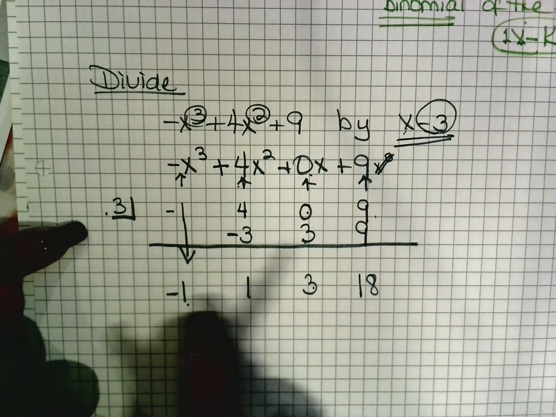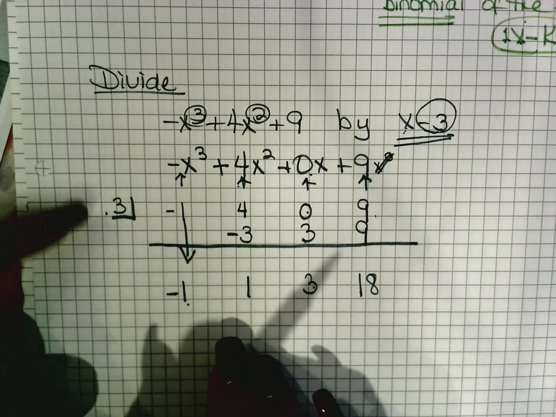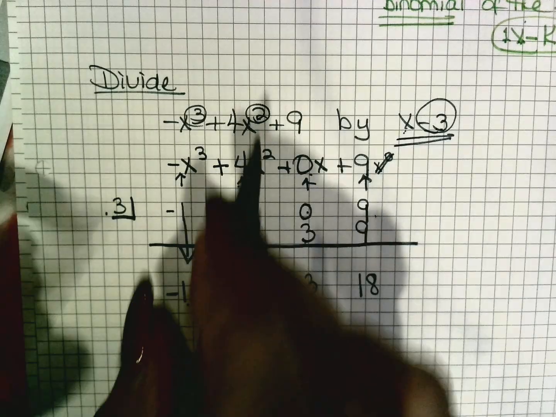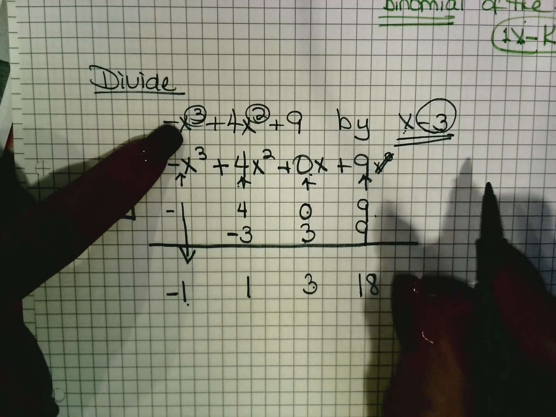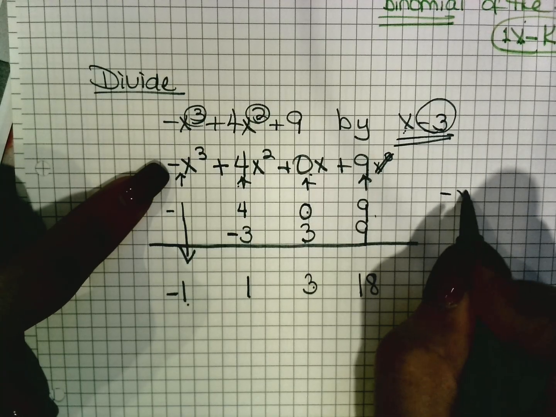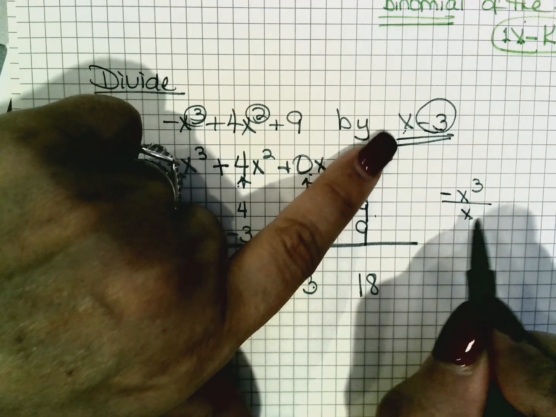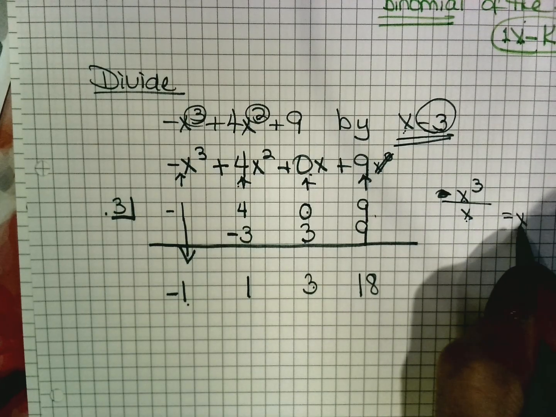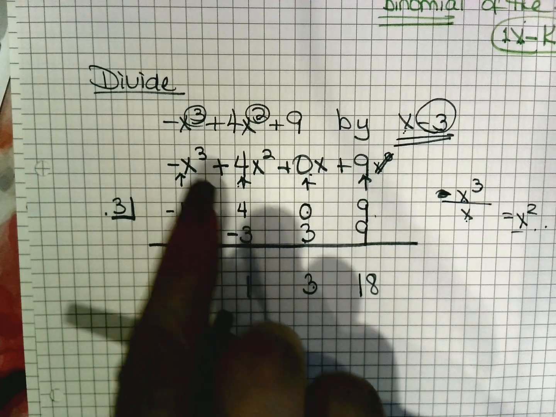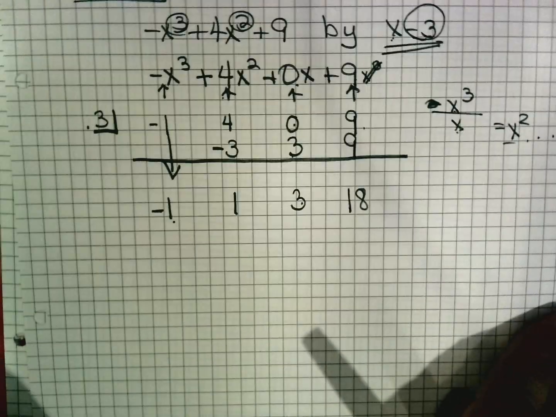Now, what do these numbers mean? Well, these are going to be coefficients and remainders, depending on whether you have some or not. So let's just take a quick look up here. We are dividing a polynomial, and we're just going to look at the first term, whose initial term is negative x to the third. And we're dividing that by an x term. And we can ignore the minus for now. If I divide x to the third by x, I'm going to get x squared something. So that tells me that when I divide this long thing by this, my answer should start off with x squared.